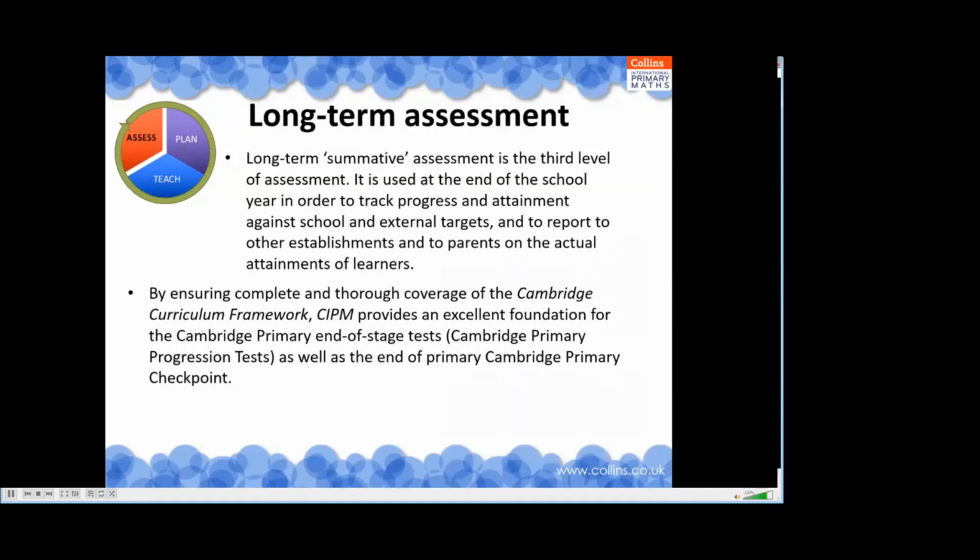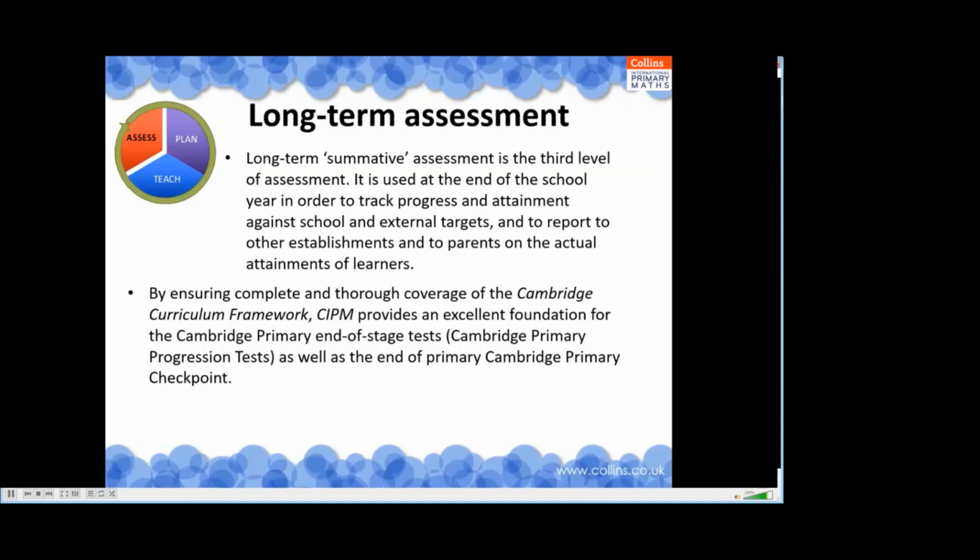Long-term summative assessment is the third level of assessment, and it's used at the end of the school year in order to track progress and attainment against school and external targets, and to report to other establishments and to parents on the actual attainment of learners.